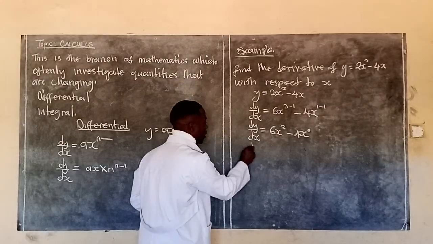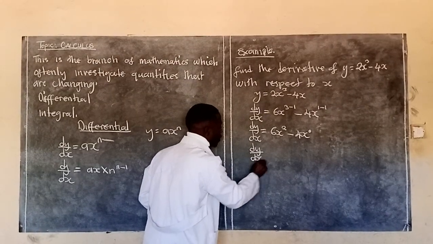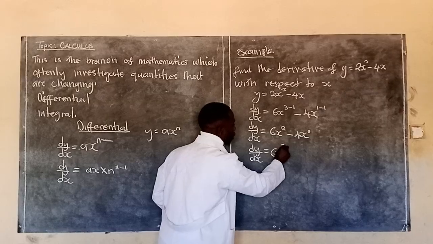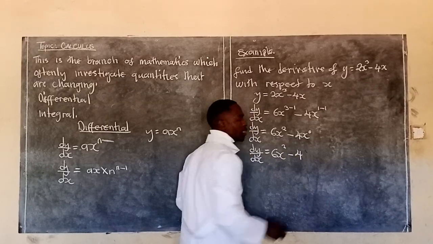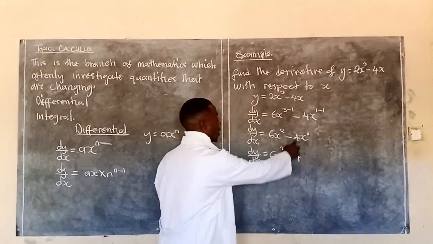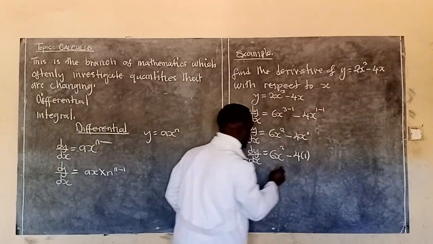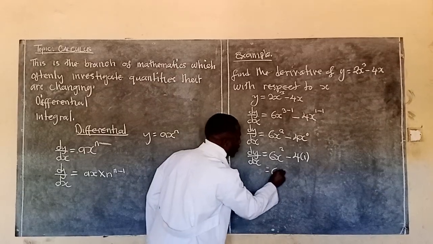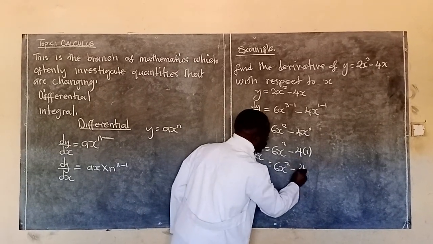So the change in y over the change in x will give us 6x squared minus 4. Is it the 4 or the x that is raised to the power 0? It is the x. Therefore, x raised to the power 0 is 1, so we have 6x squared minus 1 times 4, which gives 4.